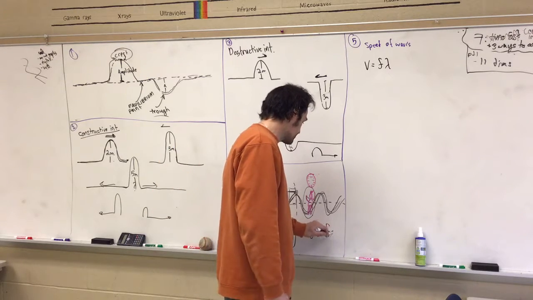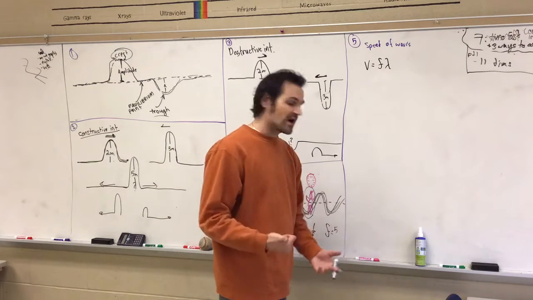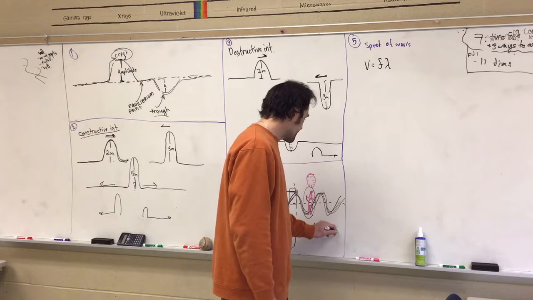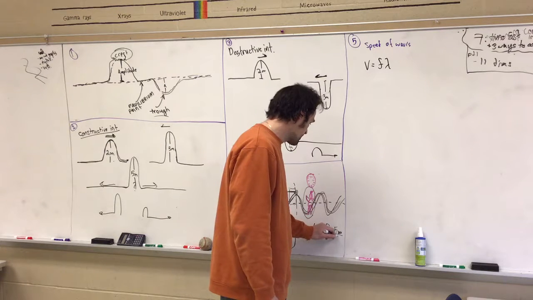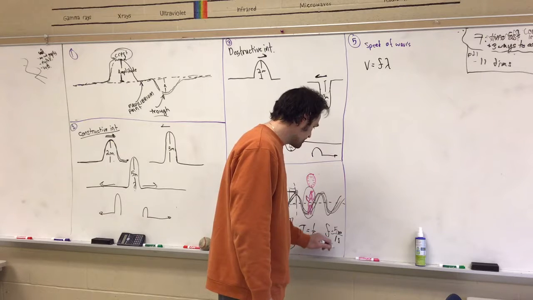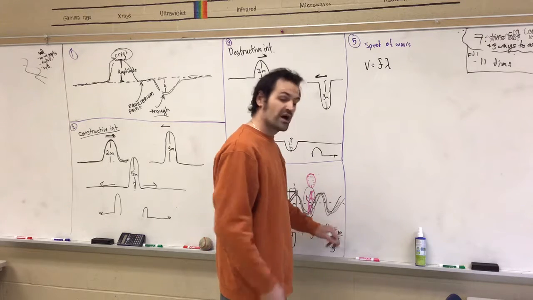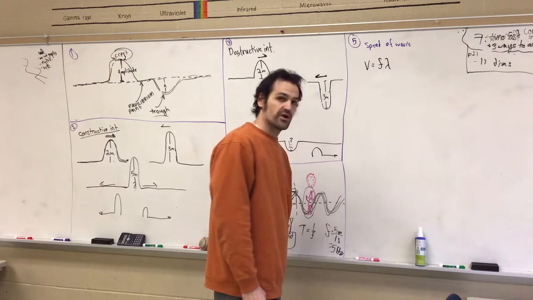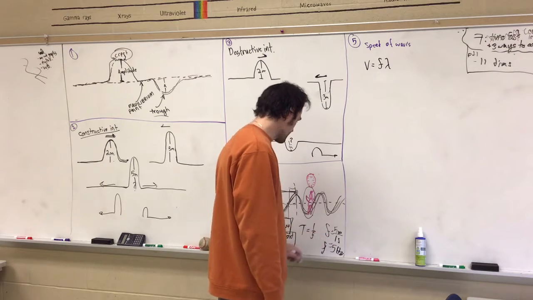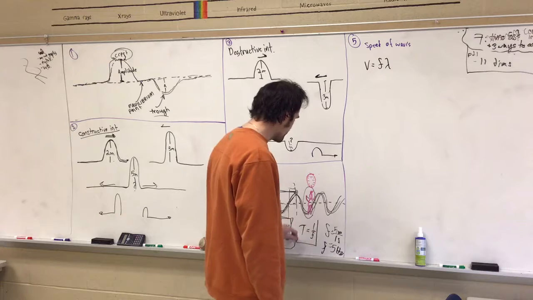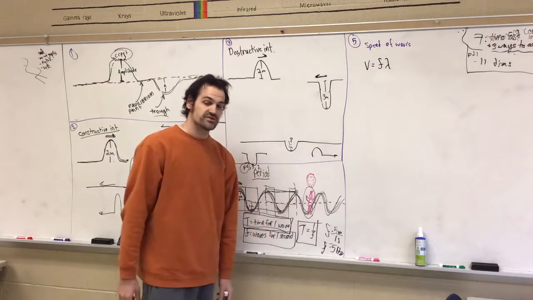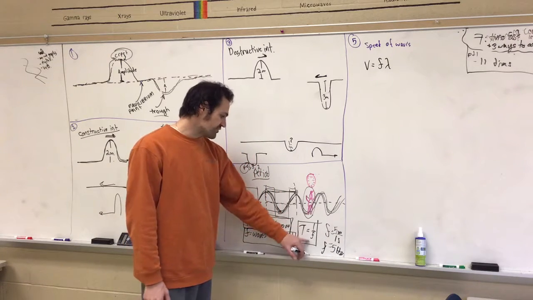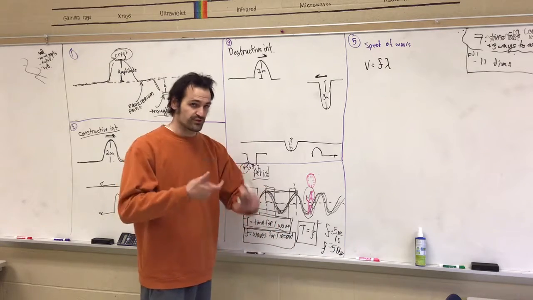The frequency would be 5 oscillations, 5 waves per second. Or rather, when you have 5 oscillations per second, it's called 5 hertz. And it's important to note that frequency and period are just the inverses of each other. So period is 1 over the frequency, or frequency is 1 over the period.